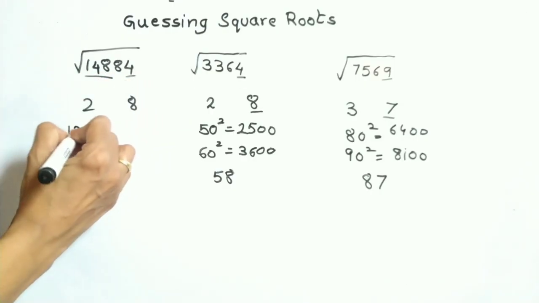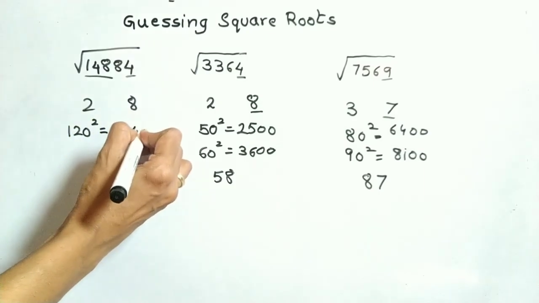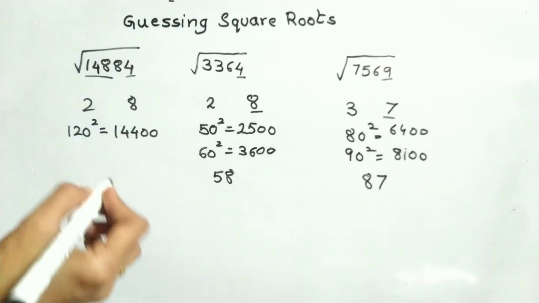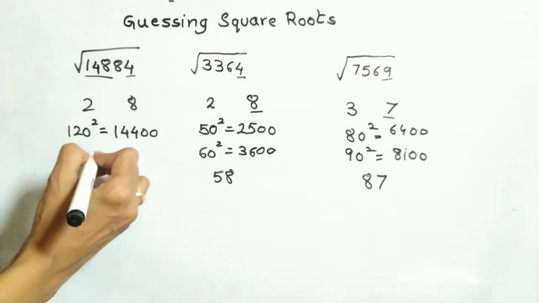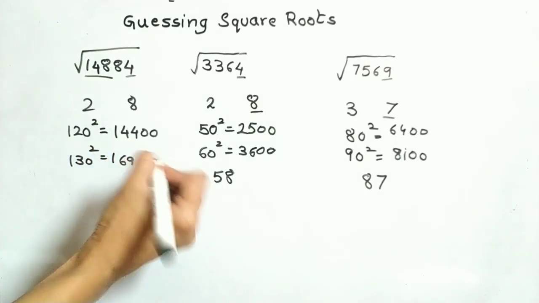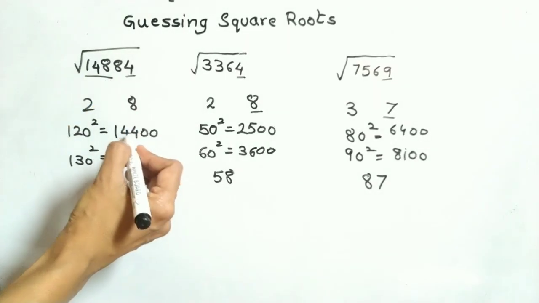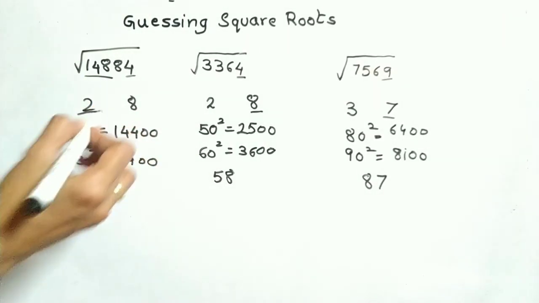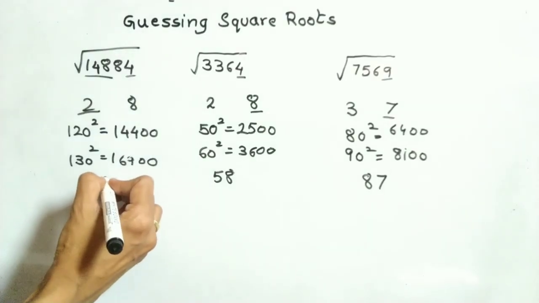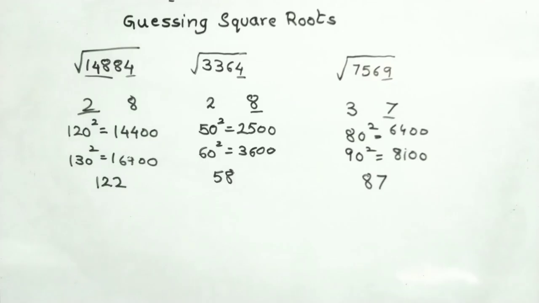So we now understand that 120 square will be 14400 and 130 square will be 16900. Okay. Now 14884 is nearer to 14400. So we select this one. Therefore your answer is going to be 122.